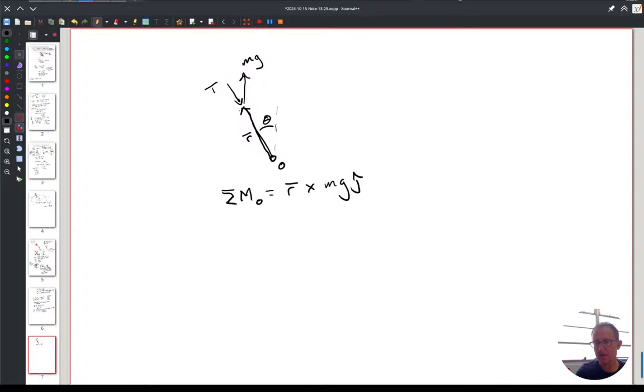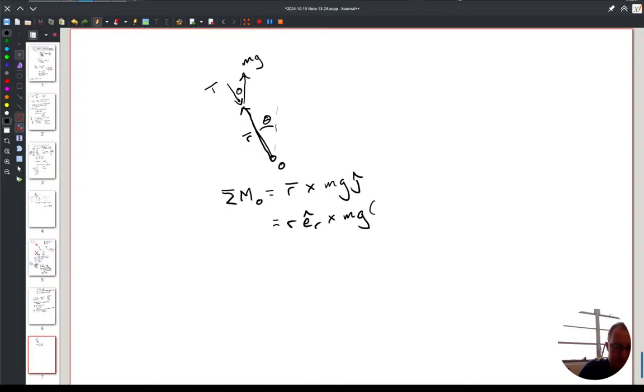And then tension, I already know that tension creates no moment because it's going straight through the origin. So that's my sum of the moments. This is R ER crossed with mg.